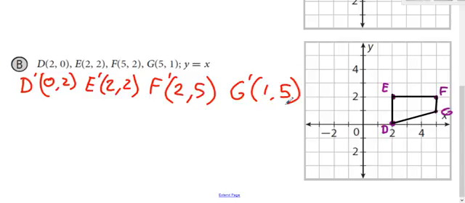And we can plot those now. F prime's at 2, 5. And G prime is at 1, 5.